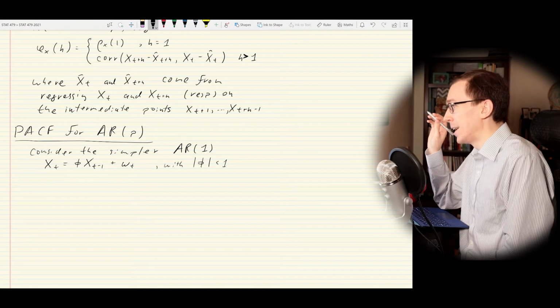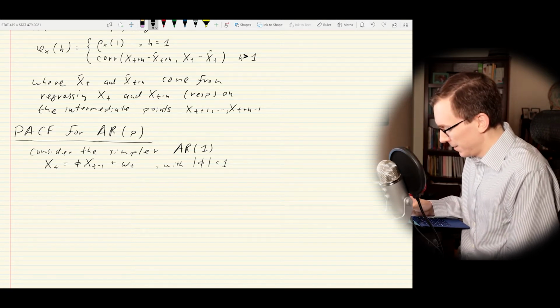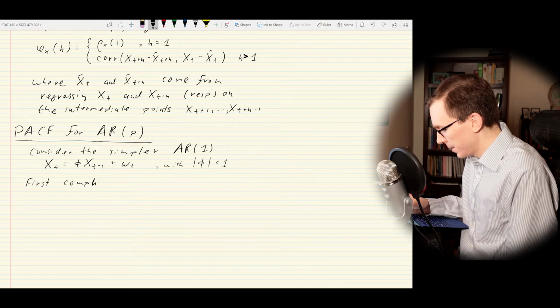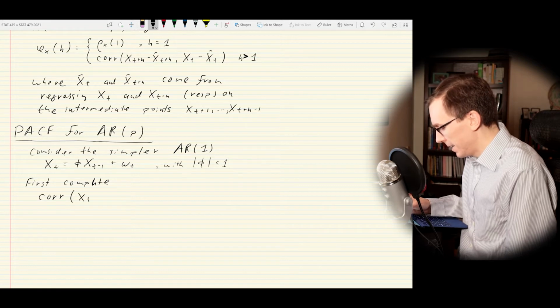Now, what we're going to do is first compute the correlation between x_t and x_{t-2}.